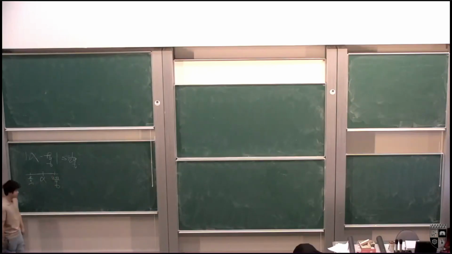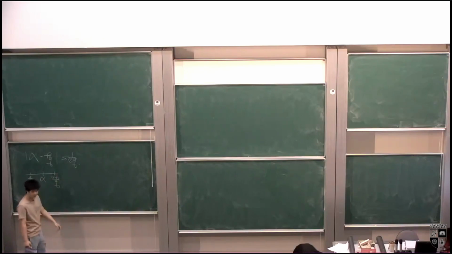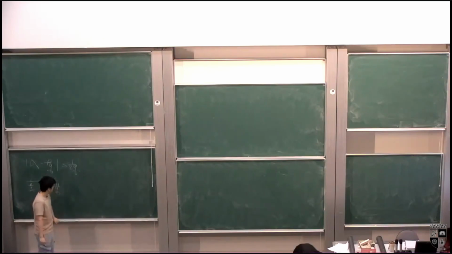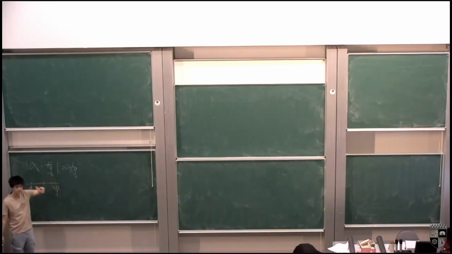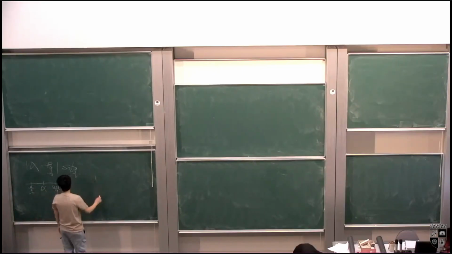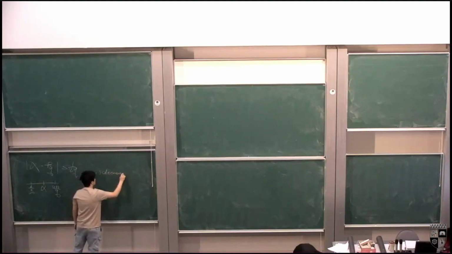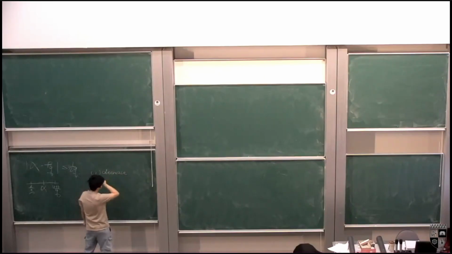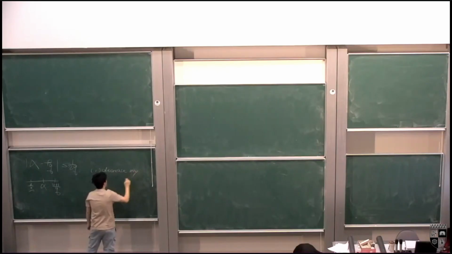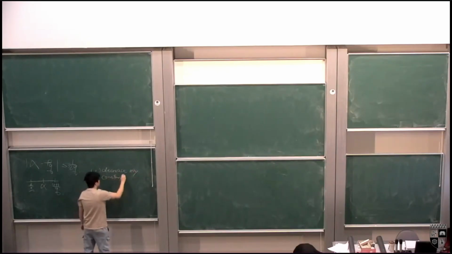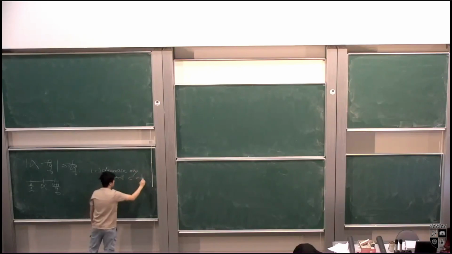Can we do better? This is the main idea we're going to keep playing with: can I get a better approximation than this? It turns out you can. When I say better approximations, we have two ways to do it. First, I decrease my constant, to a C less than half.